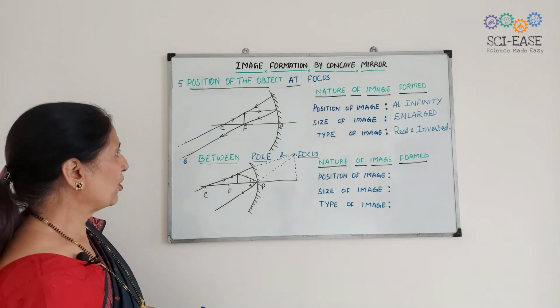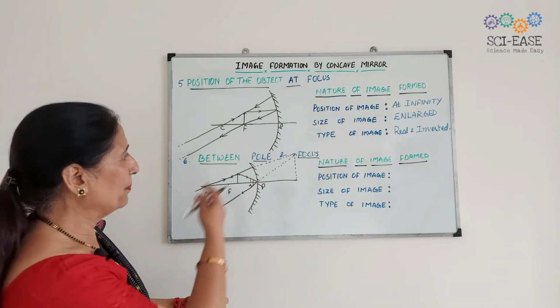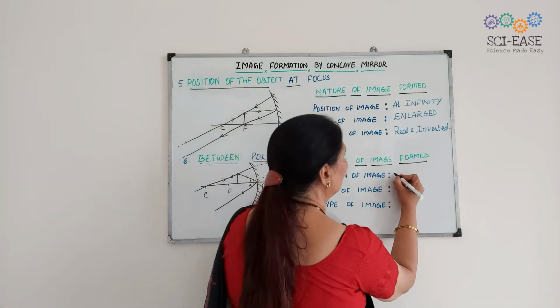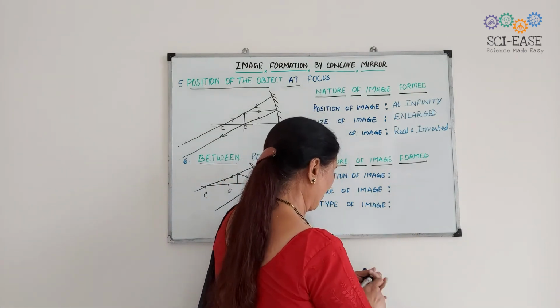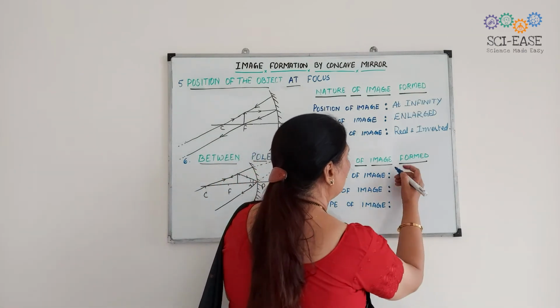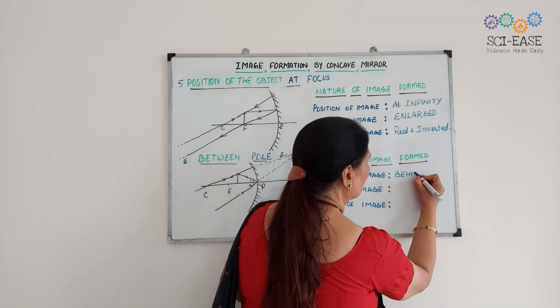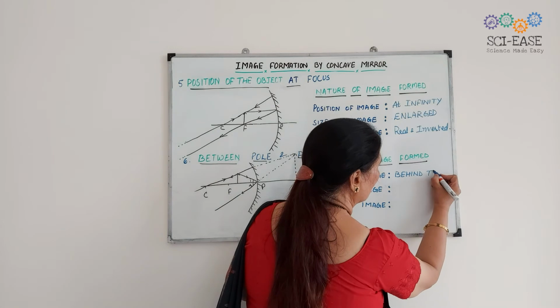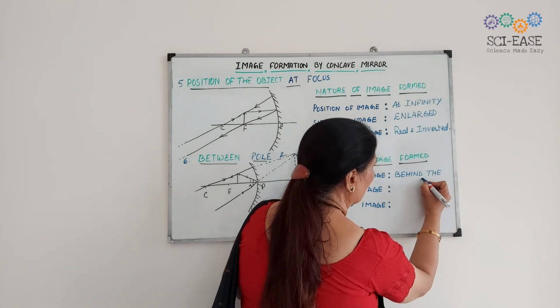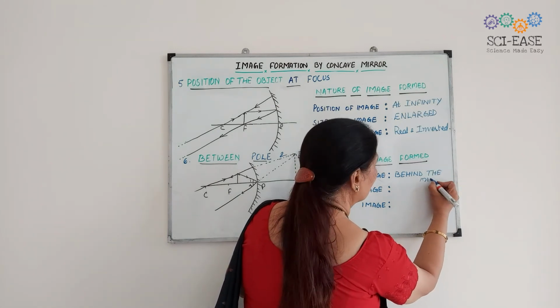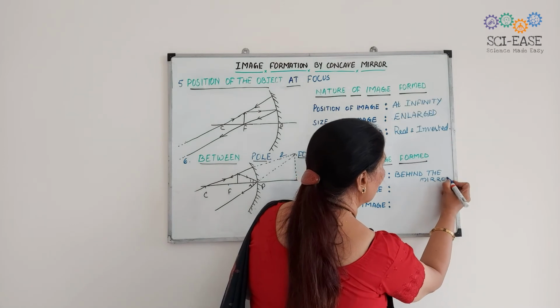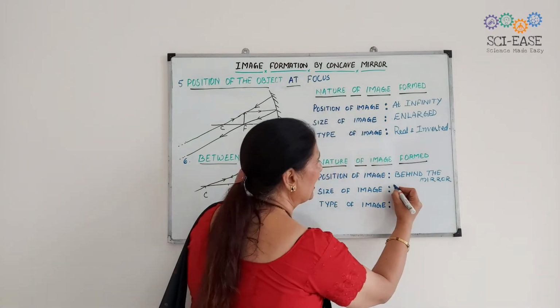So position of the image, it will be behind the mirror. Second, size. What will be the size? It will be enlarged.